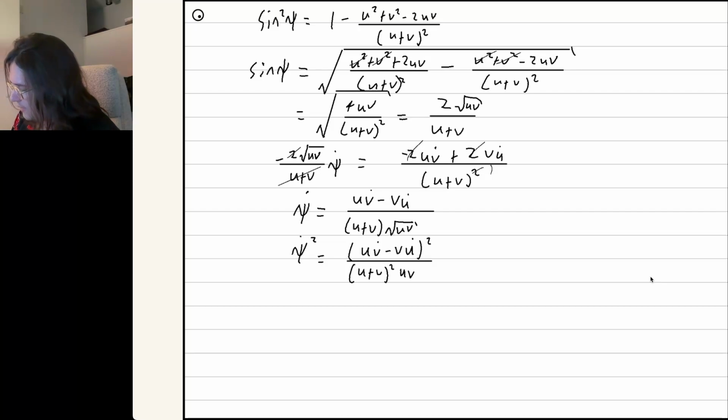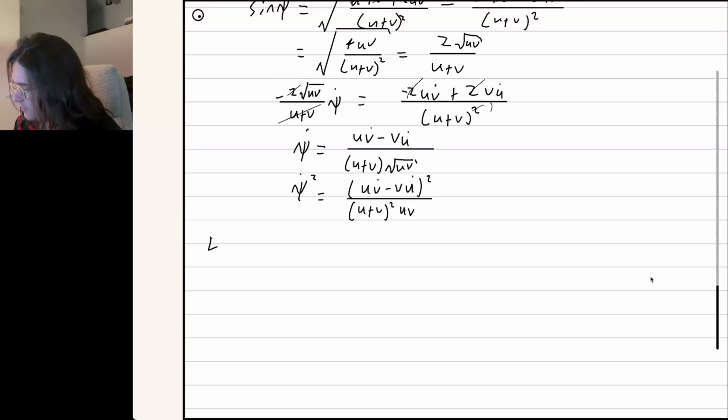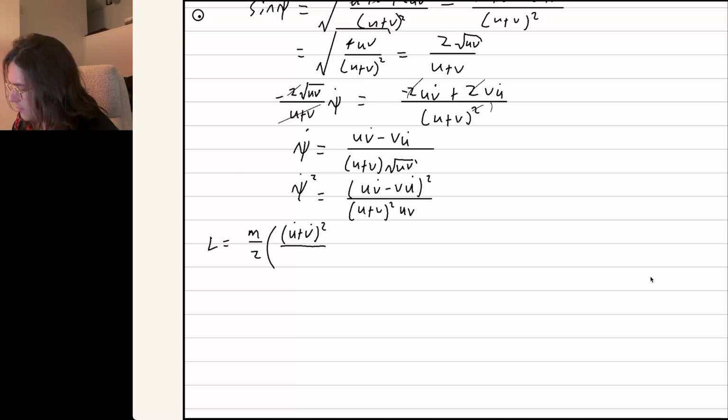And then let's just write out the whole Lagrangian. L is equal to m over 2. We found that r dot was u dot plus v dot over 2, so the squared version of that is going to be u dot plus v dot squared over 4.